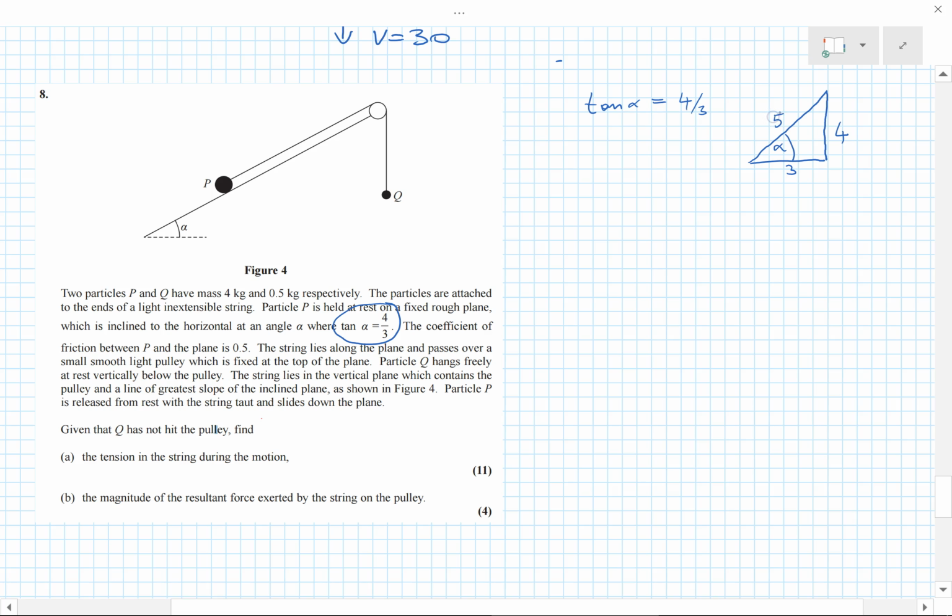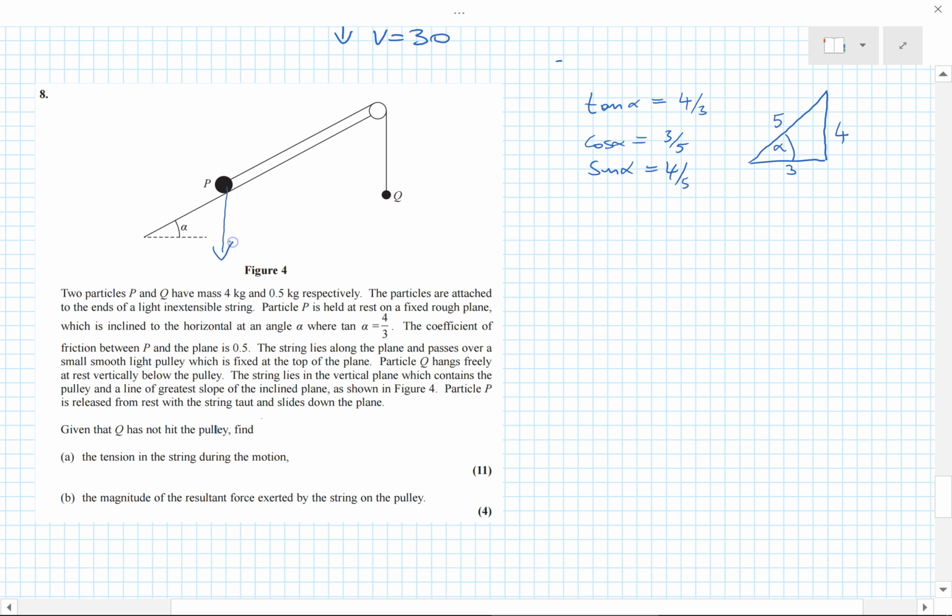Using Pythagoras, that's 5 there, so that gives me cos alpha equals 3 over 5, and sine alpha is 4 over 5. Your calculator will do it as well, but I'm going to work with those exact values rather than see angles of 36.9 or whatever in my work, and we're going to come back to that in part B.